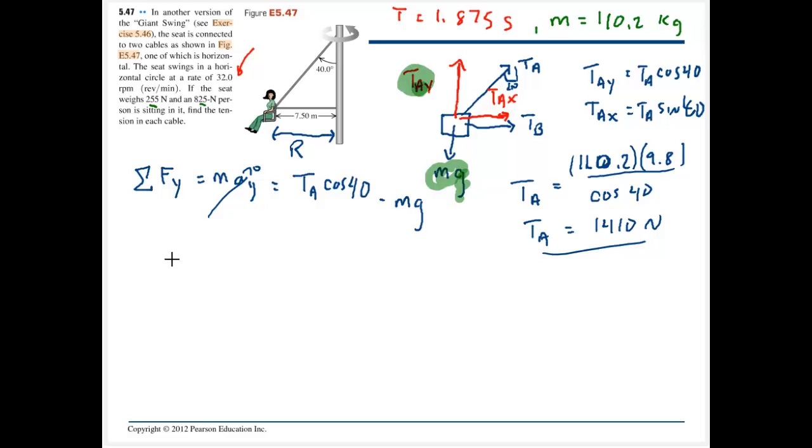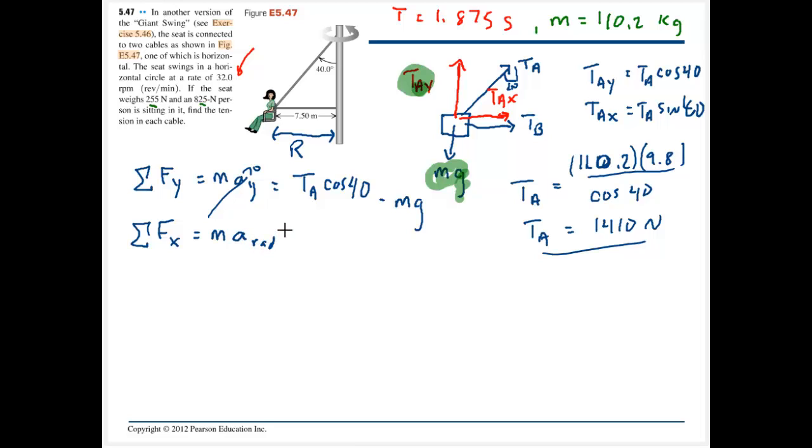Now I want to look at the sum of the forces in the x direction. And in the x direction, she is, of course, accelerating. Sum of forces in the x direction is going to be the mass times the acceleration, and this is actually the radial acceleration.